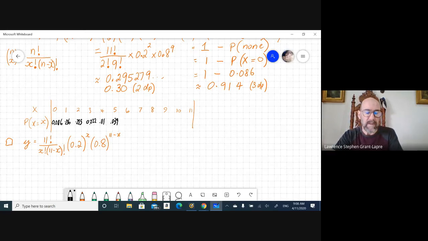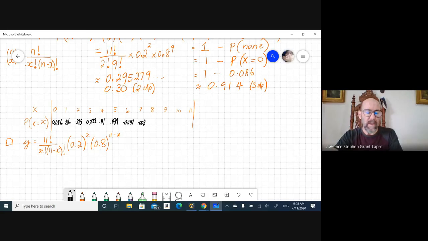For 6, it's getting ridiculous, 0.00097. For 7 it is 0.002.